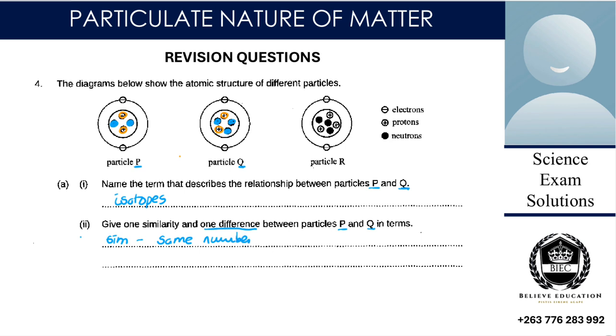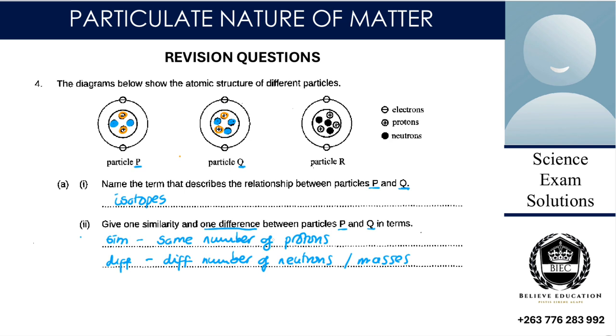Number of protons, and the difference is that they have what? Different number of neutrons, or different what? Masses. Are we together?